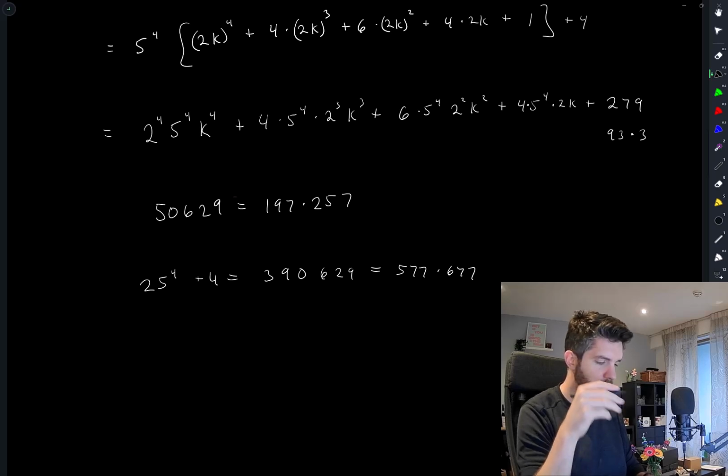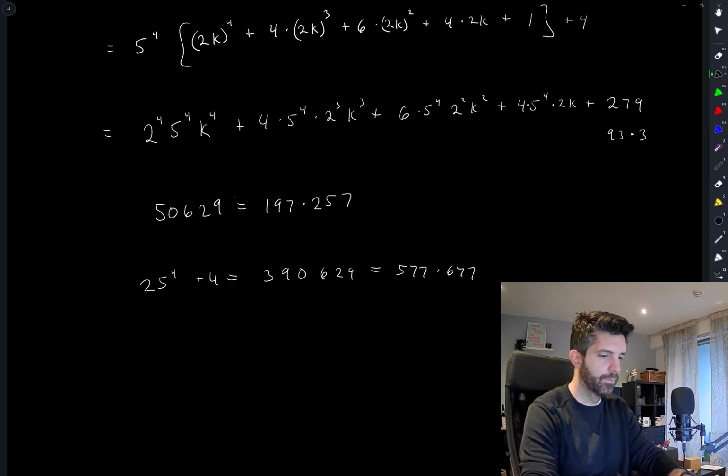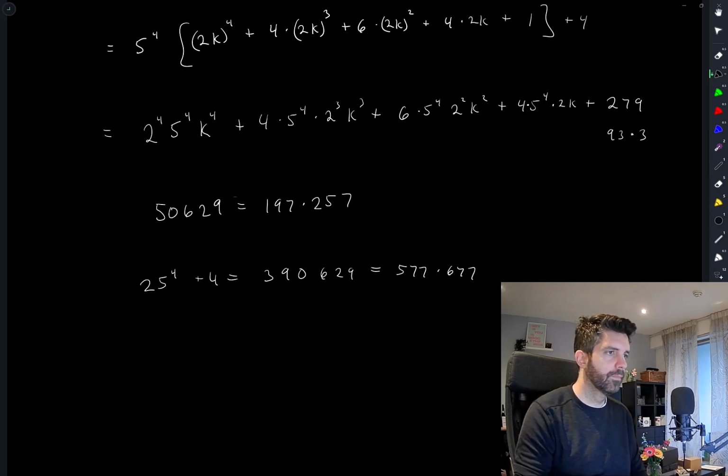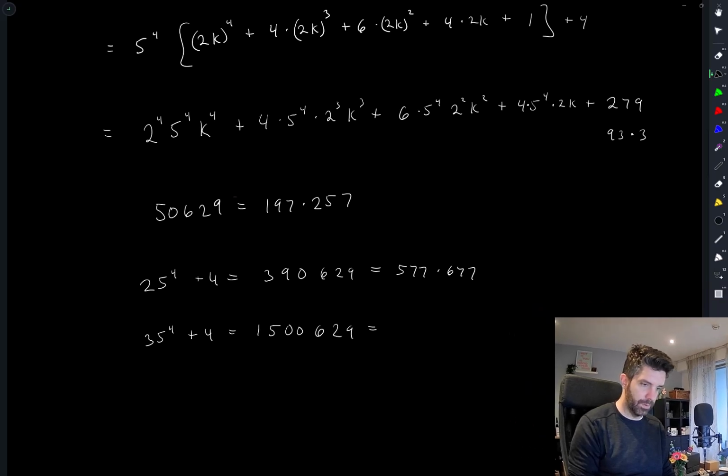And 35 to the 4, we're getting into the millions here. Right? 35 to the 4 plus 4 is 1,500,629, which is not prime.